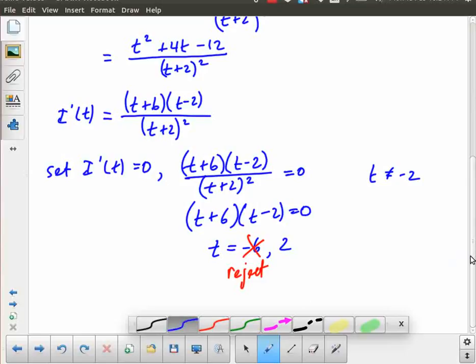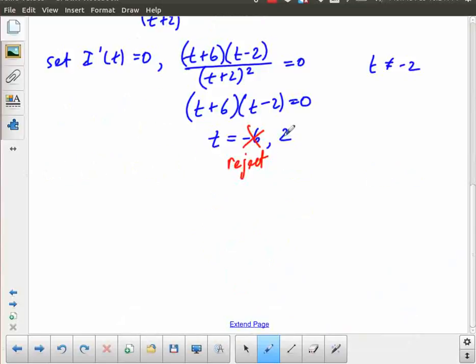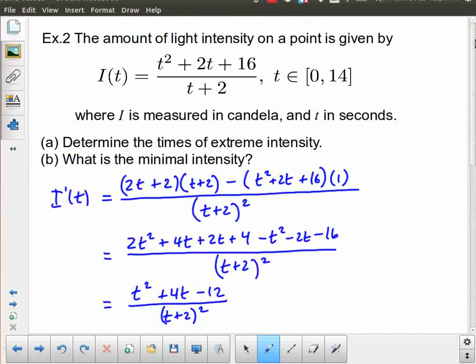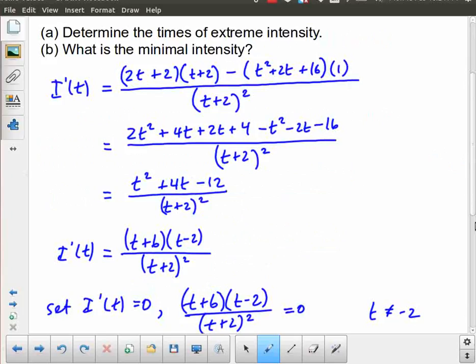And so now that we know that t equals 2 is in the domain, we're going to sub that value. So we need to evaluate what it is at these various values. So I need to test I of 2. I need to go back to the original function. When I substitute 2 in here, 2 squared is 4, plus 4, plus 16, that's 24, over 4, that's equal to 6.